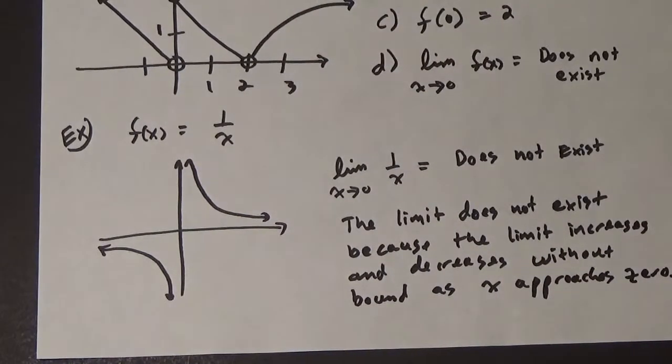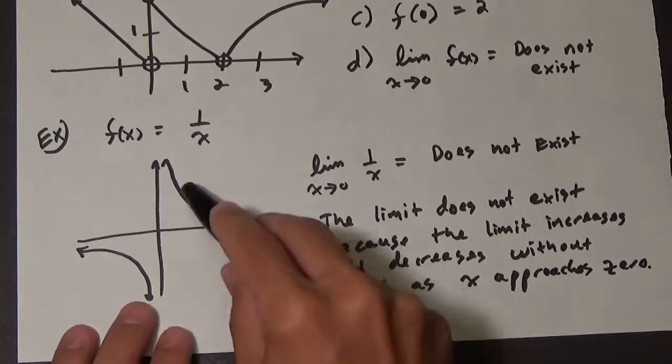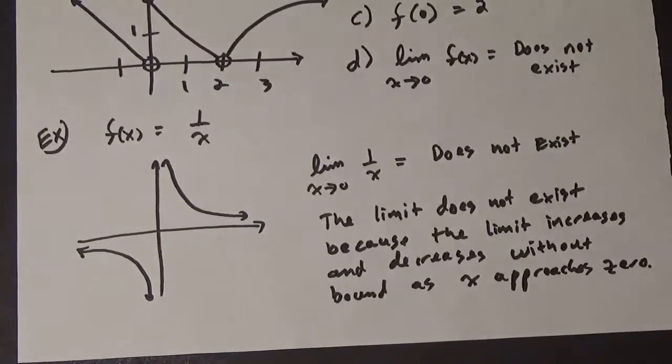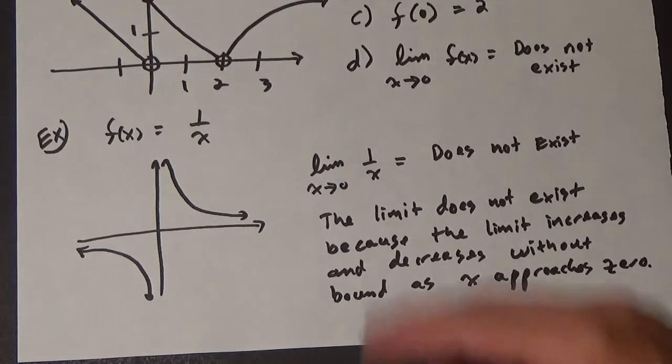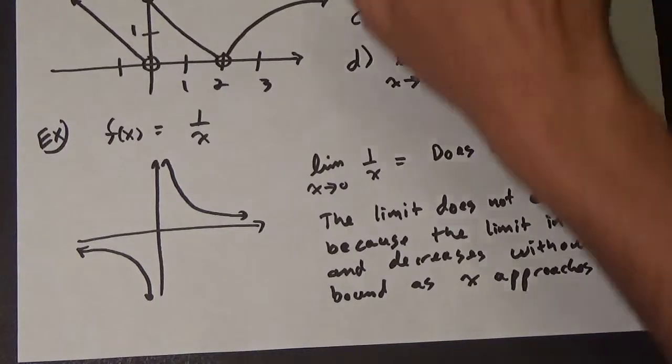Alright, so there's a fancy way to write out, basically this is going up and this is going down, so the limit doesn't exist. So you're increasing and decreasing without bound. Okay, so there we go.